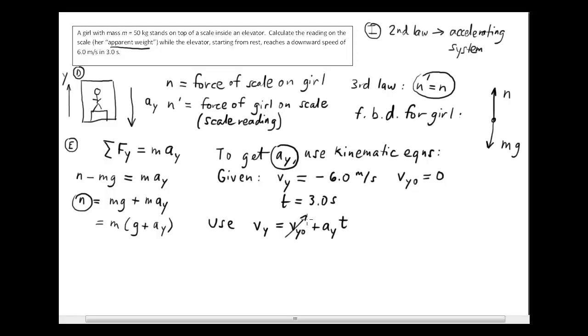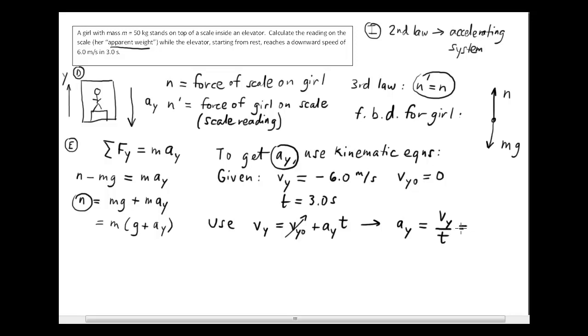Vy0 is equal to 0, so that term drops out, and we can solve by dividing both sides by t. Ay is equal to Vy over t.